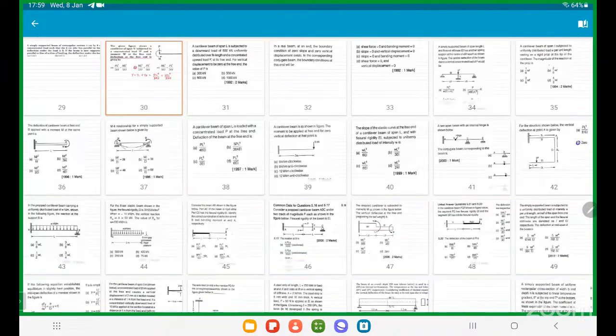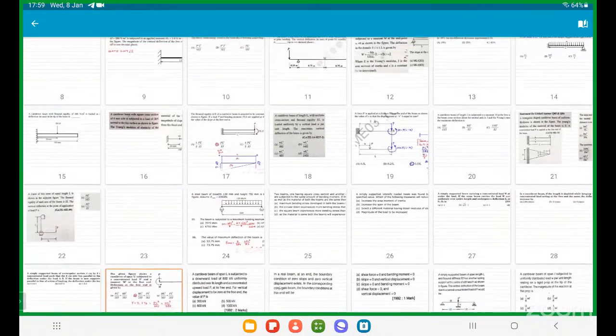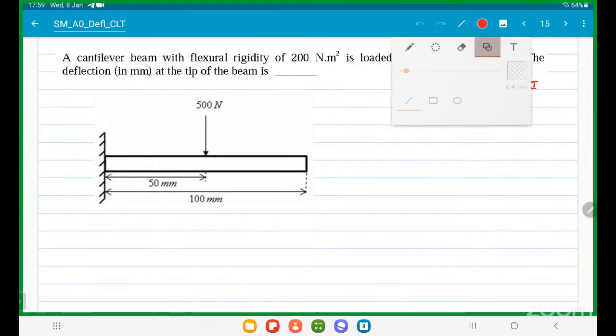Next question. Read the question. A cantilever beam with a flexural rigidity of 200 Newton meter square is loaded as shown in the figure. Deflection at the tip. Draw the BMD immediately.